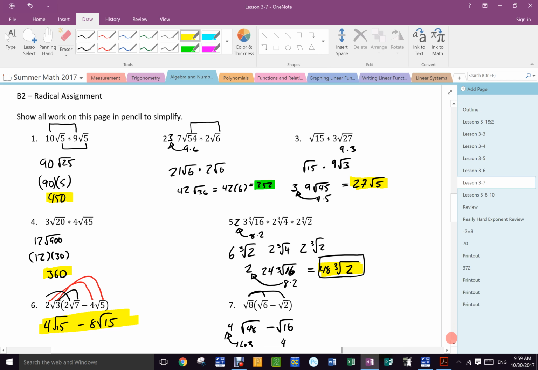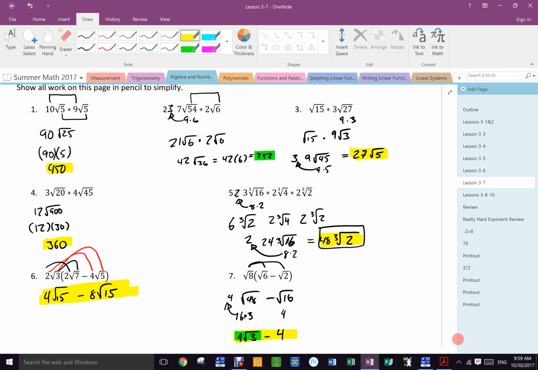So there's 1, 2, 3, 4, 5, 6, 7. Actually, I lied. Number 6 is not. It is that. There. Any questions about 1, 2, 3, 4, 5, 6, 7? Answers are all highlighted. Haley. Number 6. Yes, I can. Anything from before 6? Once, twice, thrice?